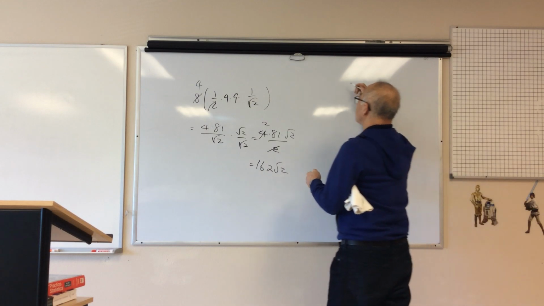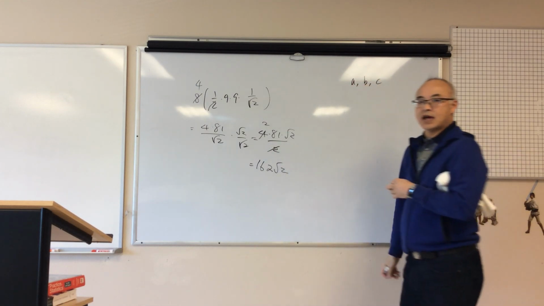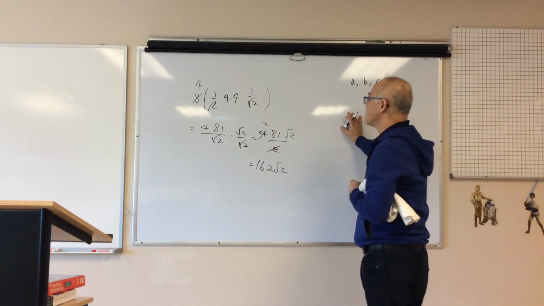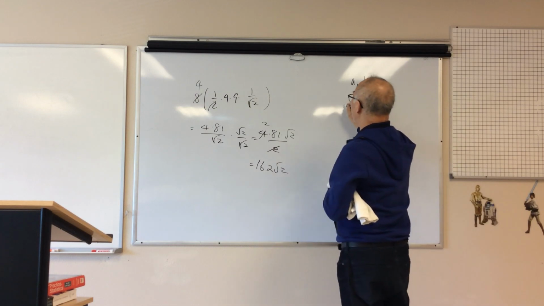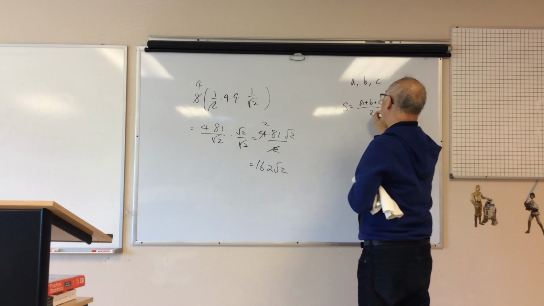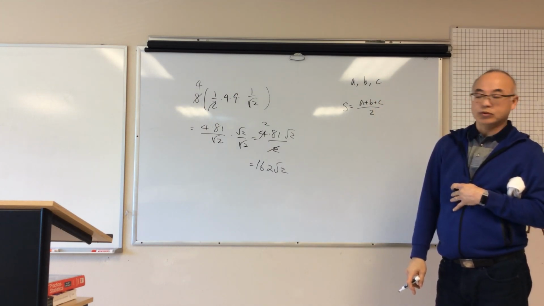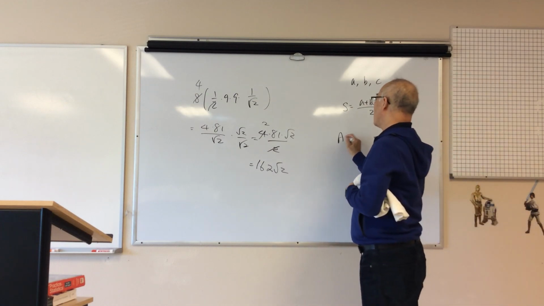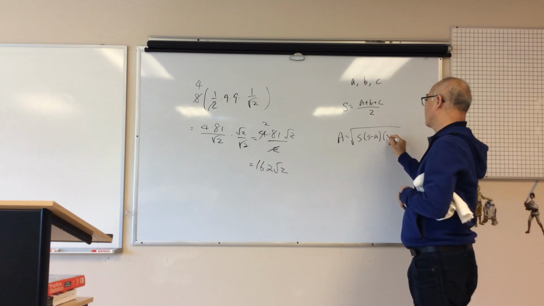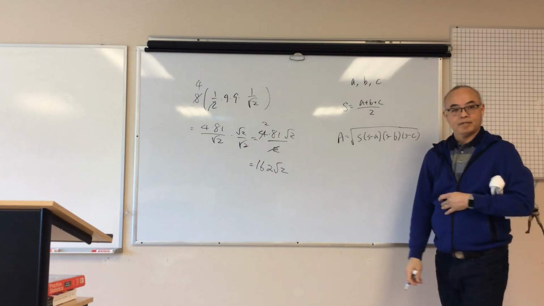If you are given the lengths of the 3 sides of a triangle, what Heron's theorem says is that if I call S the perimeter divided by 2, A plus B plus C divided by 2, then the area of that triangle is given by the formula.